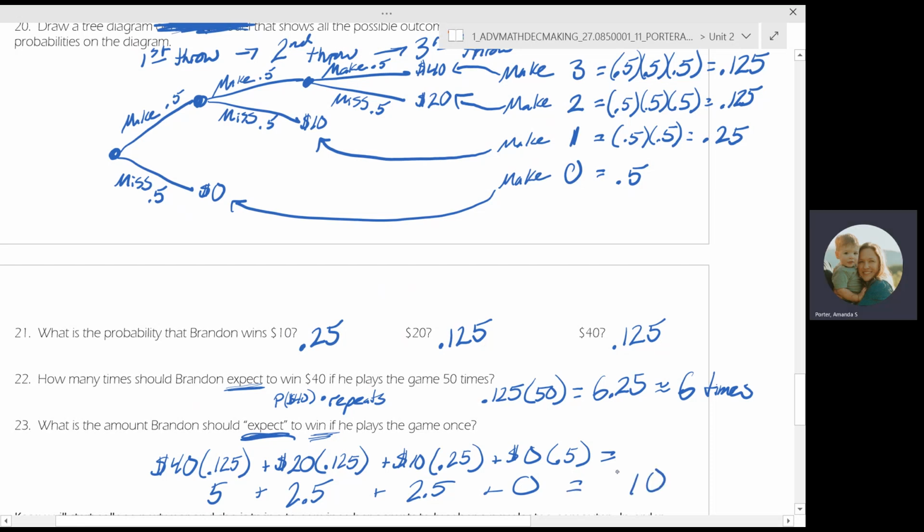That is $10 that he should expect to win. Now, that doesn't mean he's going to win the $10 every time. It just means on average, if he was to play it 1,000,000 times, he'd win the average of $10 every time.